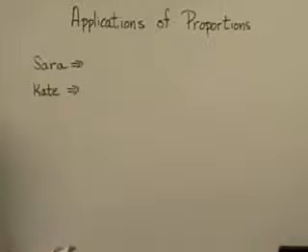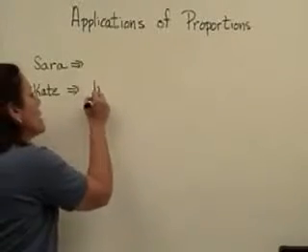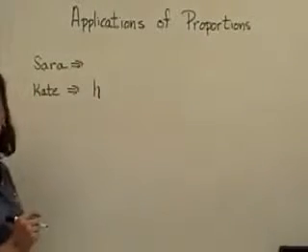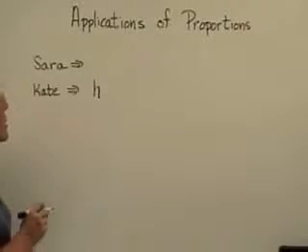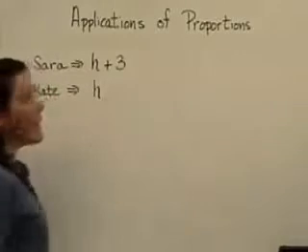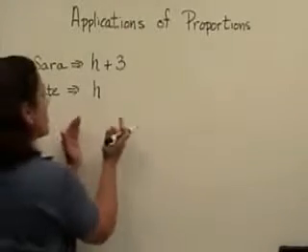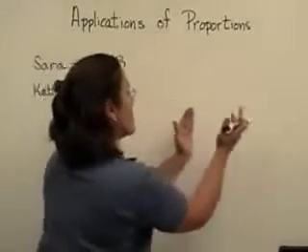Let's go ahead and look at this. Again, read the first sentence, and it says, Sarah takes 3 hours longer to paint a floor than Kate does. So I'm going to let h represent how much time it takes Kate to do the job alone, and then Sarah would have to be represented by h plus 3. Again, we're going to write an equation that involves the portion that Sarah does plus the portion that Kate does equals 1.